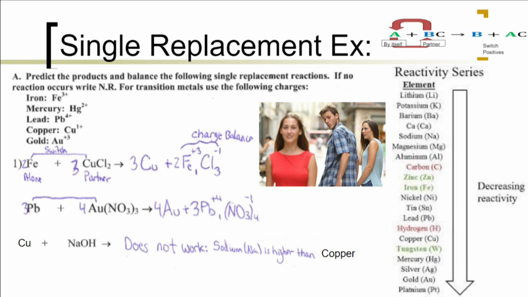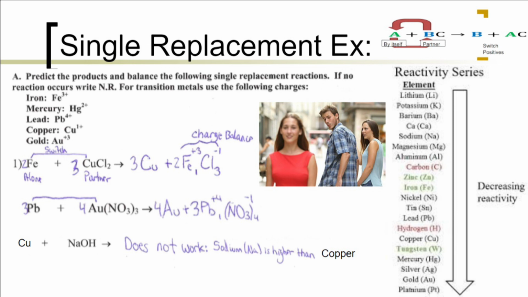And so when it switches, the copper is all by itself now, plus the Fe, which has a +3 charge, and the chlorine has a -1. Then I have to make sure that I don't just take the amounts from the left, because a common mistake students will make is they'll put Cl2, because we had Cl2 on the left, they'll put it on the right.